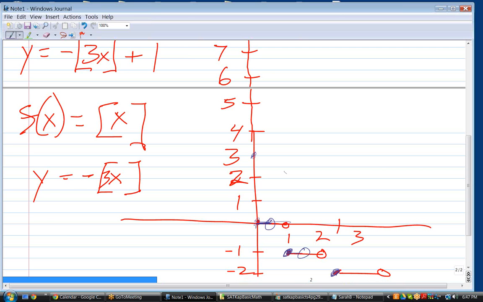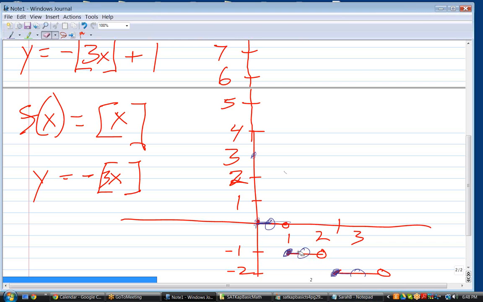And the third part would go from there to there. Okay? And let's see if that makes sense. If x is 1, I should be at negative 3. And I'm not. So let's see. I got to do a bunch of stuff to this.